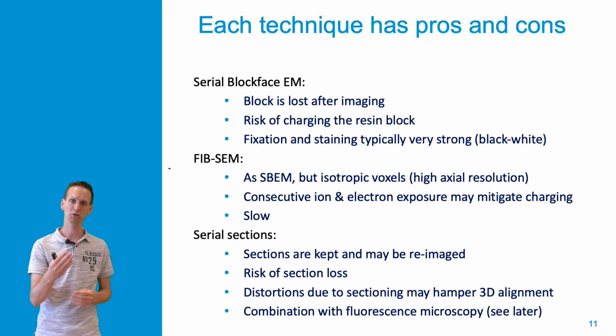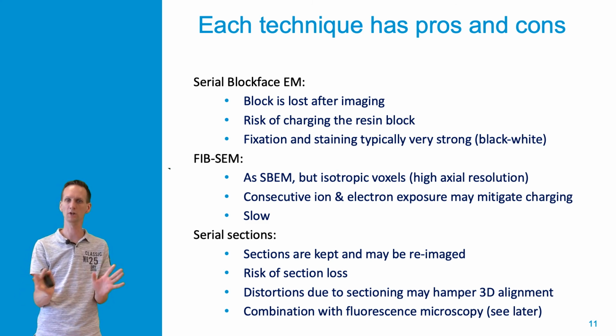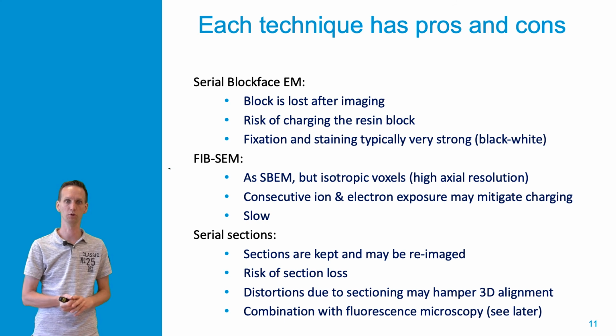And yes, with serial sectioning, all the sections are kept intact after imaging. So we can think of a strategy where we first do low magnification imaging of all the sections to identify the areas for high resolution imaging, so that we go through the volume a little bit faster. This is an approach that actually has been used to cover the brain of a zebrafish and would never be possible with a block face approach.